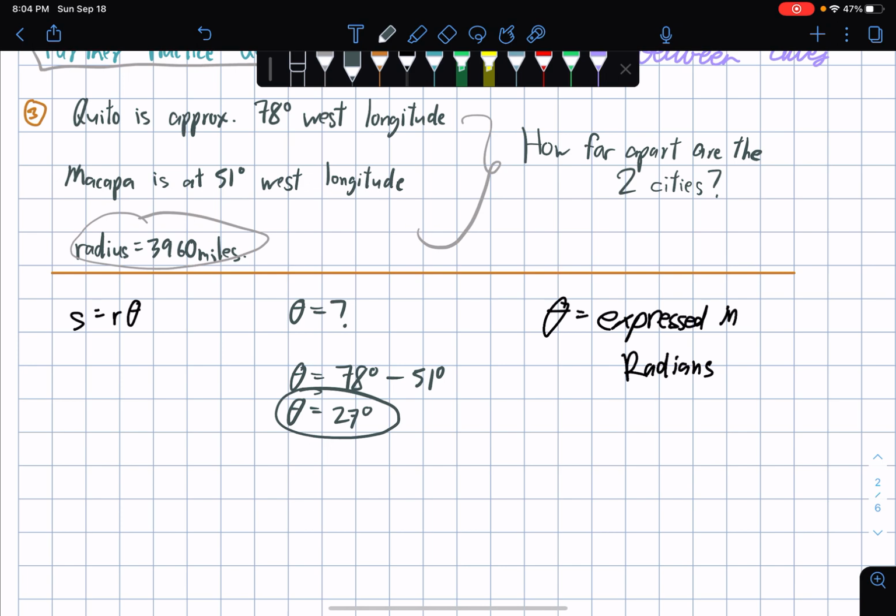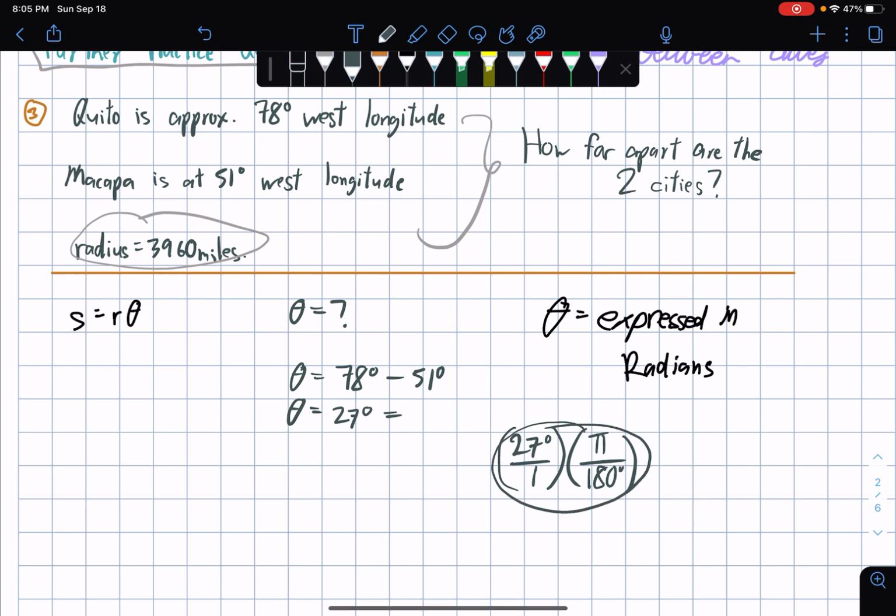As seen here, it's not expressed in radians. Theta is expressed in degrees. So what's the value of theta in radians? Let's see. From 27 degrees, multiply it: 27 degrees to radians, it's pi over 180 degrees. So put this in the scientific calculator and we get 3 pi over 20 rad, or radians.